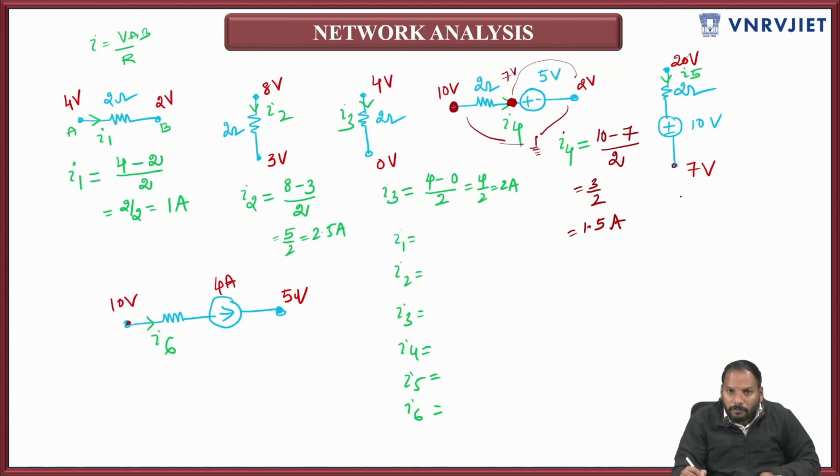Similarly, the value of I5 you can easily calculate. The value of I5 is 20 minus the voltage. What is this voltage with respect to ground?